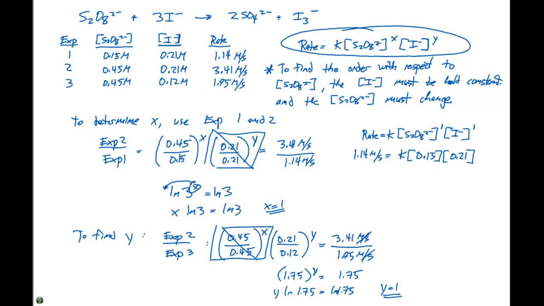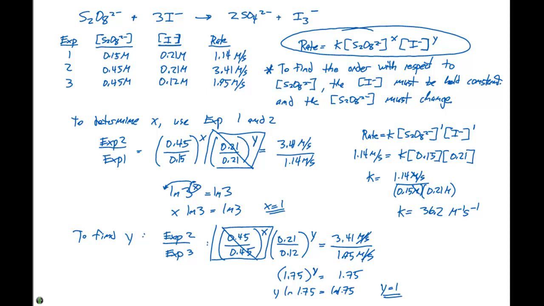If we rearrange these, we get k is equal to 1.14 molar per second divided by 0.15 molar times 0.21 molar. So one of the concentrations here is going to cancel out, and k is going to be equal to 36.2 molar to the minus 1 seconds to the minus 1.